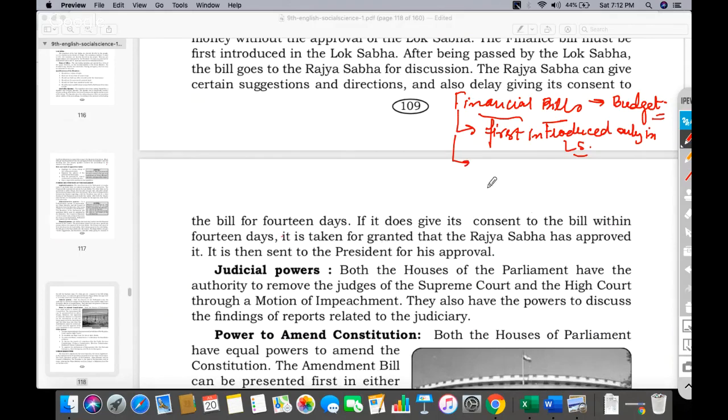Second one is, Rajya Sabha cannot change it, can't make any amendment. Okay. If Rajya Sabha can't make any amendment, what can Rajya Sabha do? It can give suggestions.